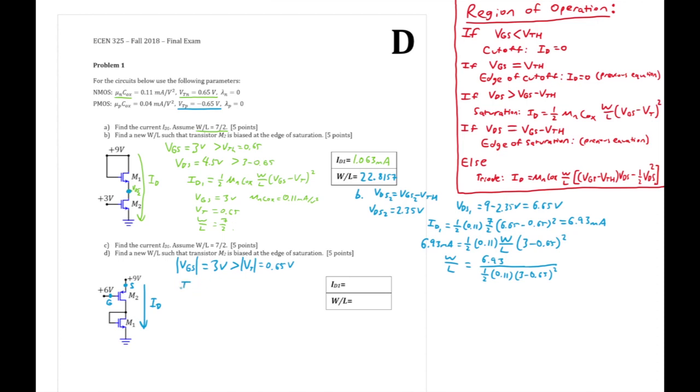So let's take the equation ID is equal to 1 over 2 mu n COX W over L times VGS minus VT, squared. And this is ID1. However, our mu n COX for the PMOS transistor is 0.04 milliamps per volt squared.